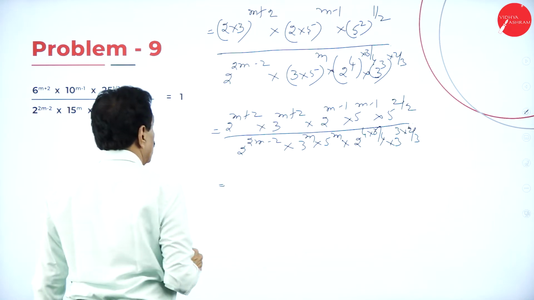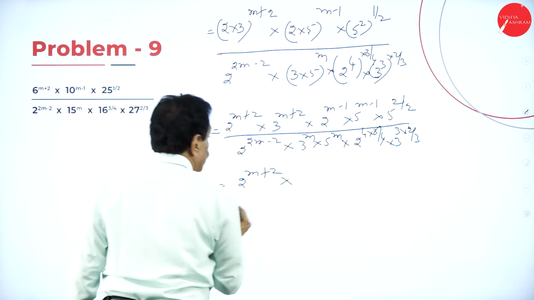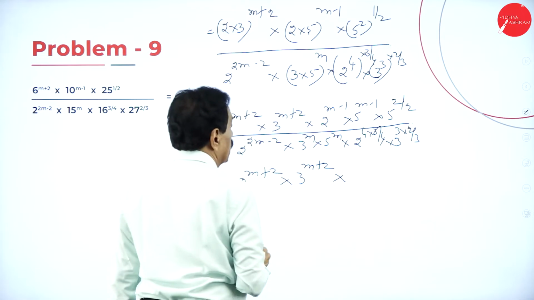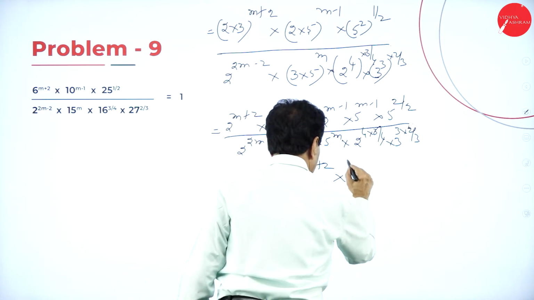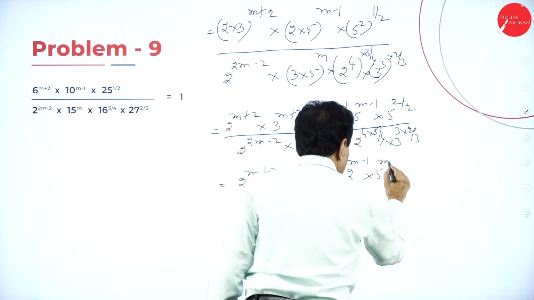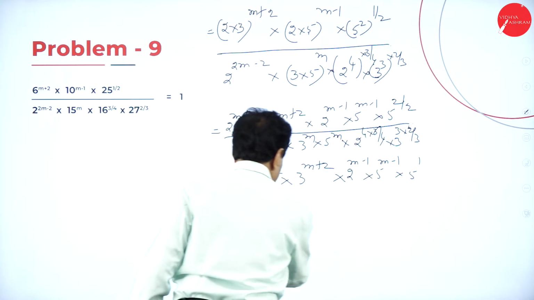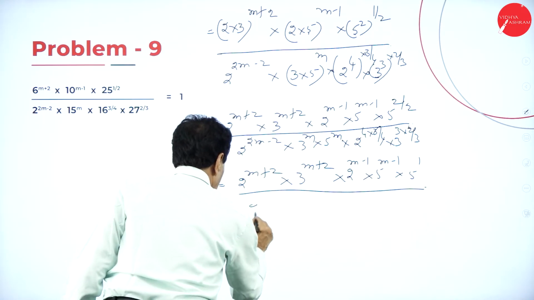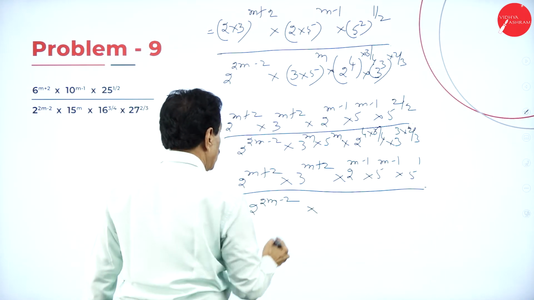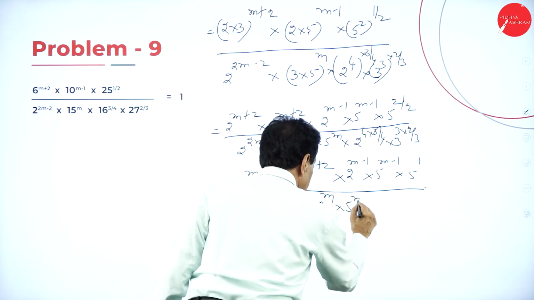Then 2 to the power of m plus 2 into 3 to the power of m plus 2, 2 to the power of m minus 1, 5 to the power of m minus 1, 5 to the power of 1, 2 to the power of 2m minus 2, 3 to the power of m, 5 to the power of m.